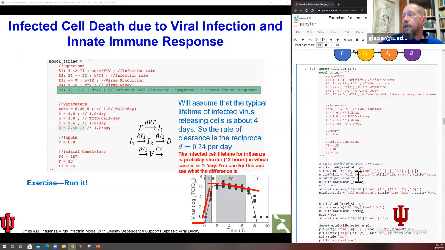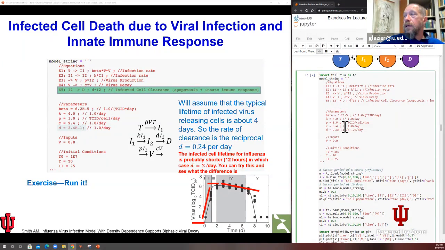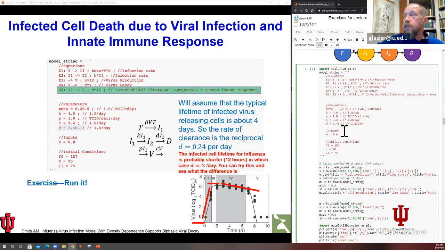You could also try, we said that for COVID, the lifetime was about half of that for influenza.